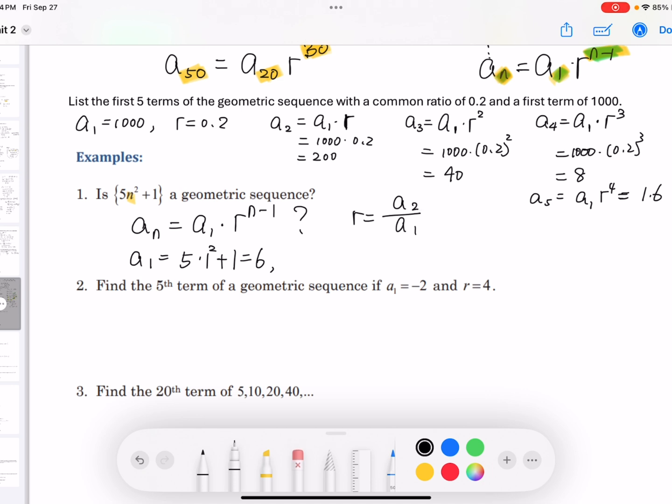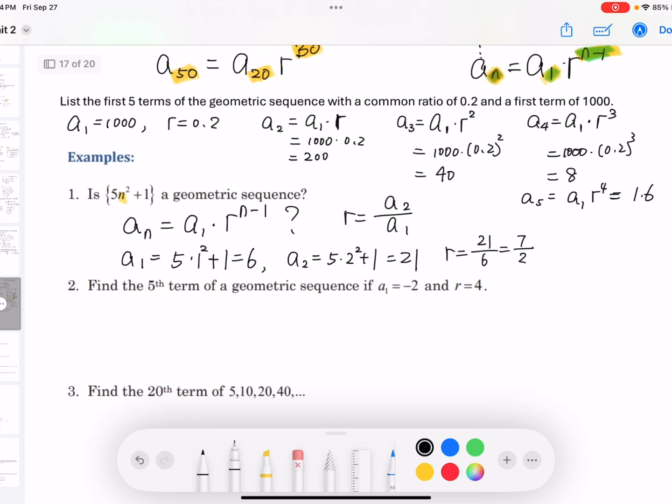So we need to find a sub 2. A sub 2 is equal to 5 times 2 squared plus 1. It is 5 times 4, 20 plus 1, 21. So the r is equal to 21 over 6. We can do some simplification. Divided by 3, top and bottom, 7 over 2.